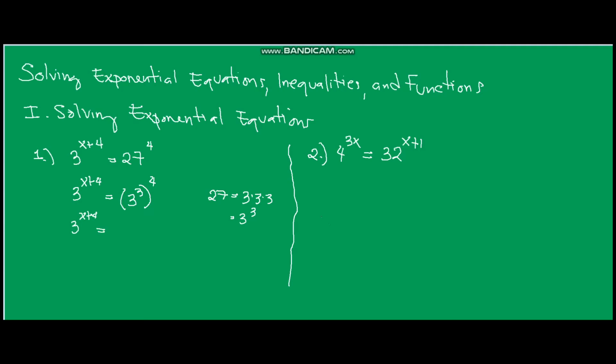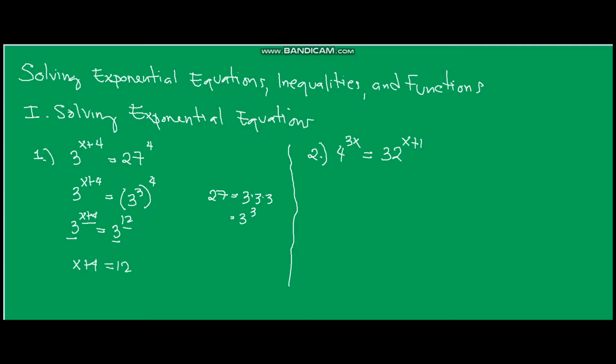Bring down ko ito, si 3 raised to x plus 4. Sabi dun sa law of exponents, kung meron kang exponent sa loob at meron kang exponent sa labas, you multiply them. So, 3 times 4, you'll have 3 raised to 12. Kapag parehas na yung ating dalawang base, therefore, parehas na rin yung ating dalawang exponent. We can say that x plus 4 is equal to 12.